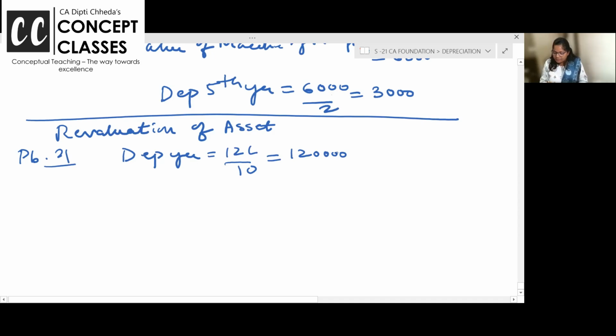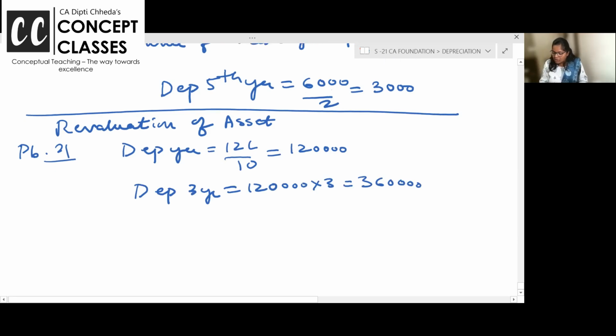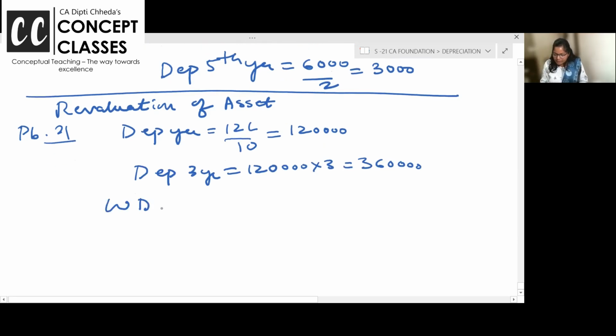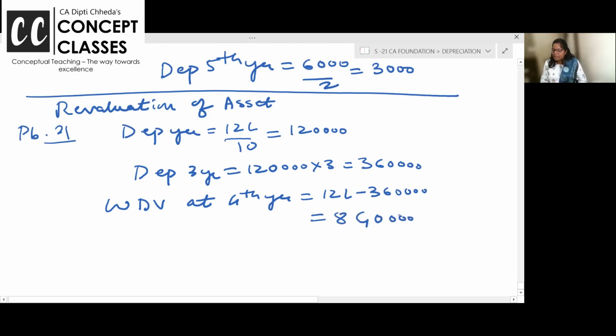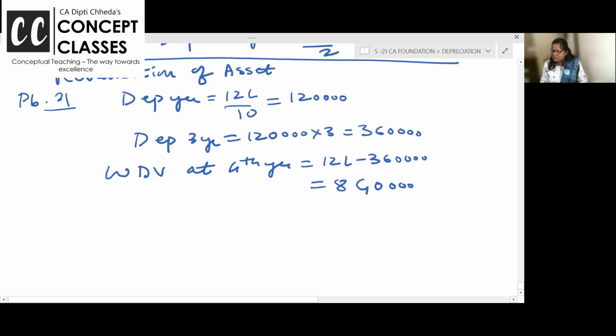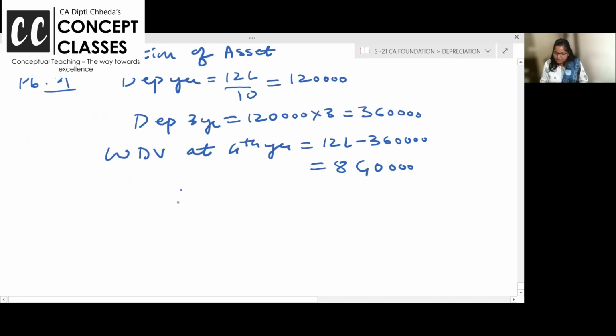Now, how many years you have charged depreciation? For 3 years. 120 into 3, 3,60,000. Now, WDV at 4th year is equal to 8,40,000. 12 lakh minus 360 depreciation you have charged, 840.